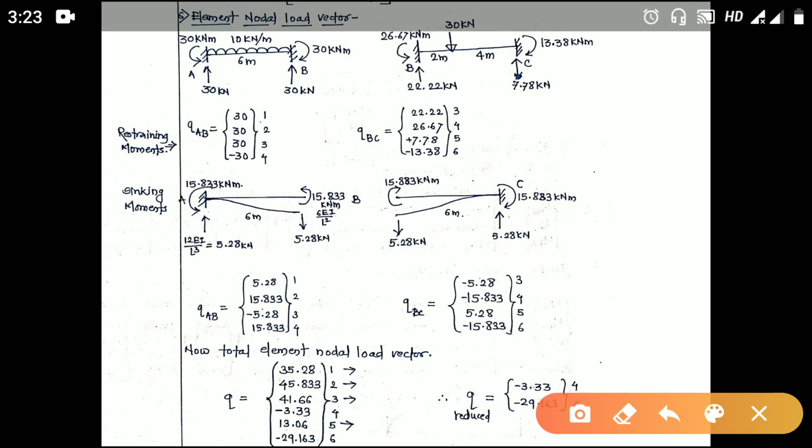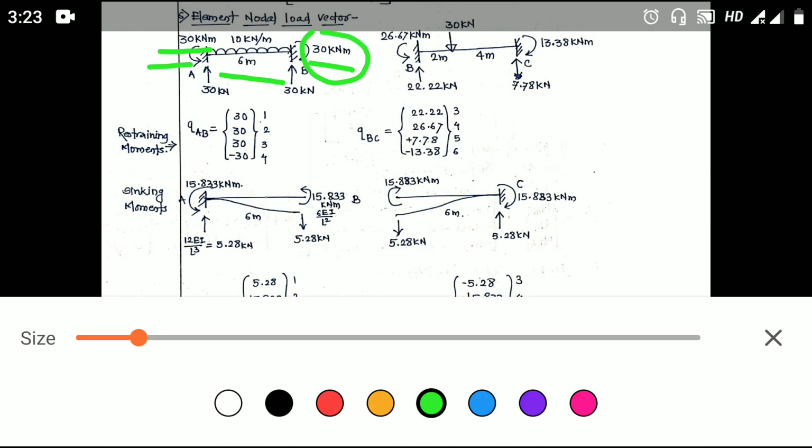First draw member AB and show the loading over member AB as 10 kN per meter, which is given in the problem statement. Then calculate these moments, that is WL square upon 12. Here at point A it is in the anti-clockwise direction, at point B it is in the clockwise direction.